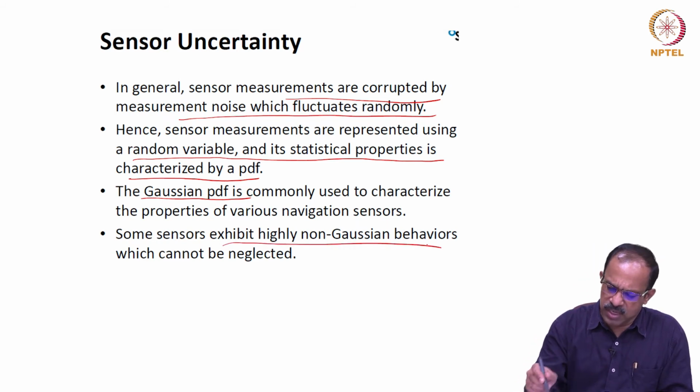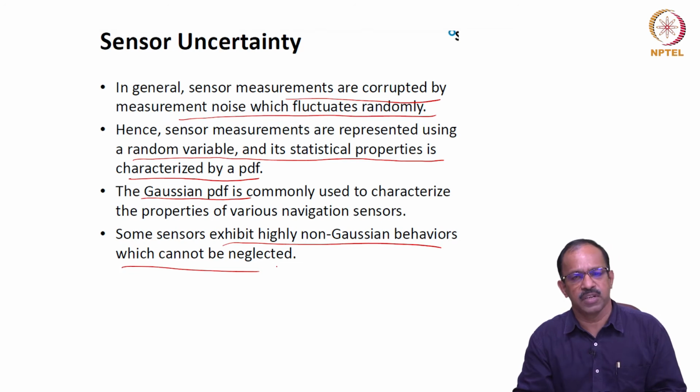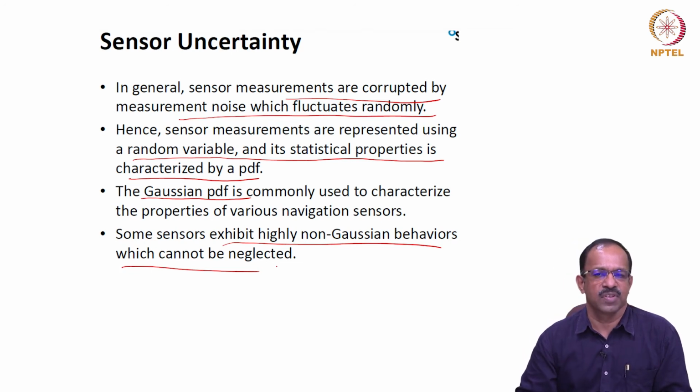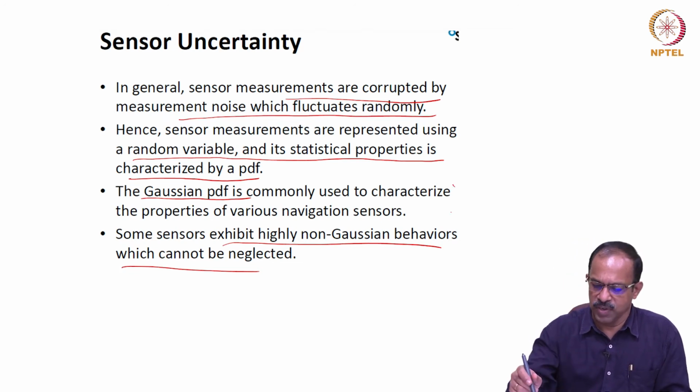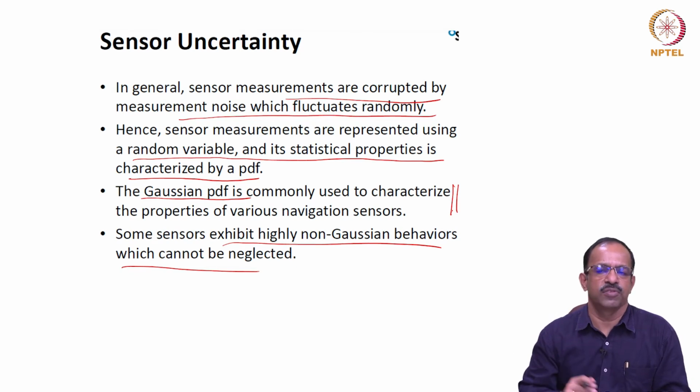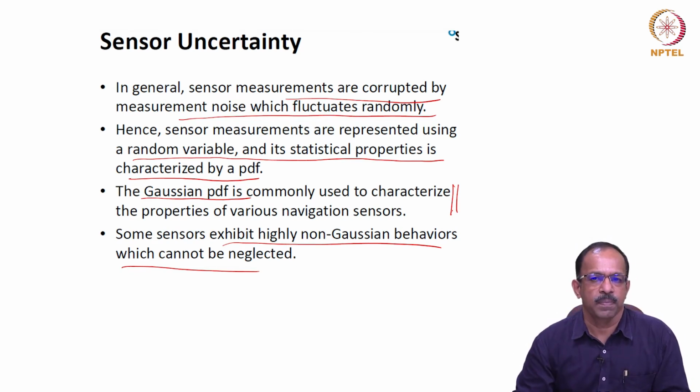There are sensors which show non-Gaussian behavior also, but in general most sensors can be classified under this category, and then we can use it for predicting the errors in the estimated pose of the robot when there are errors in the sensors.